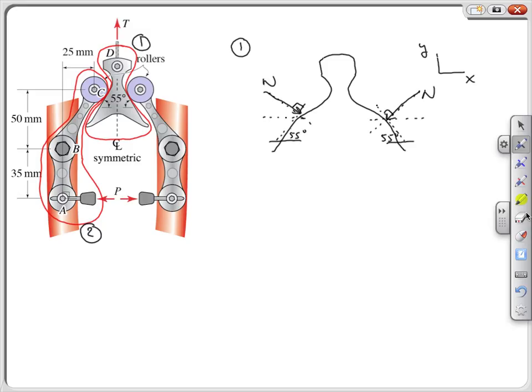With this angle being 55 degrees here, this angle is also 55 degrees, and that means that this angle will be 35 degrees here and here.